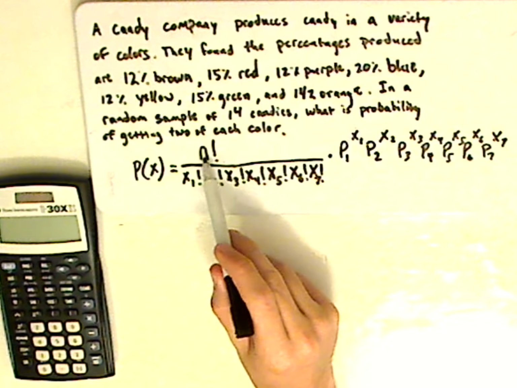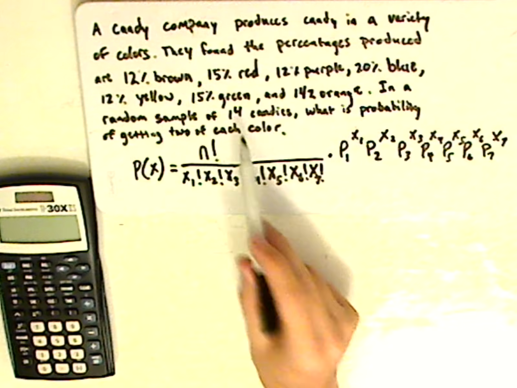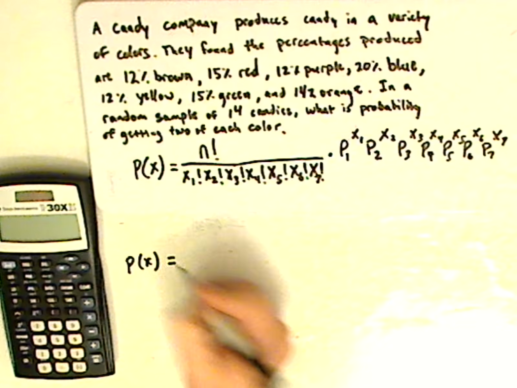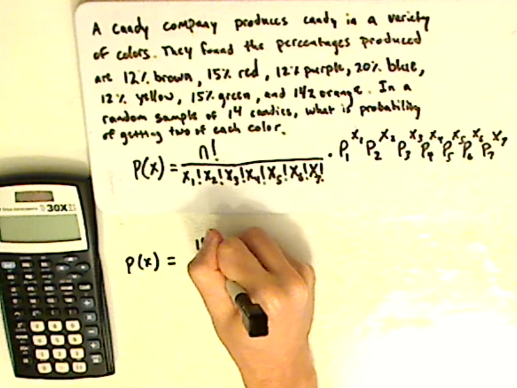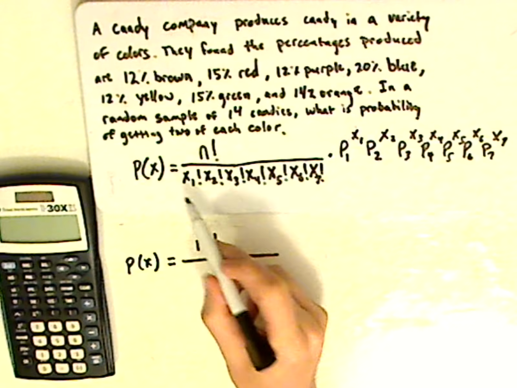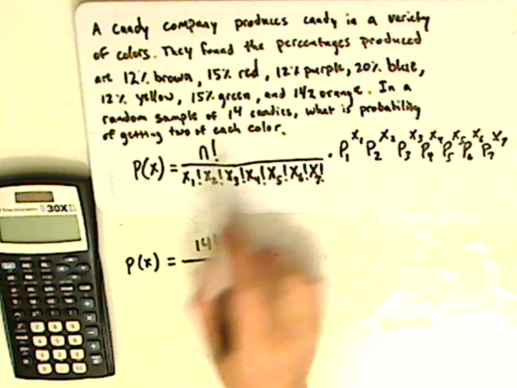Now, the n stands for the number of trials. Here, the number of trials is 14. So P of x equals 14 factorial. Now, underneath, the number of successes, I want 2 of each category.